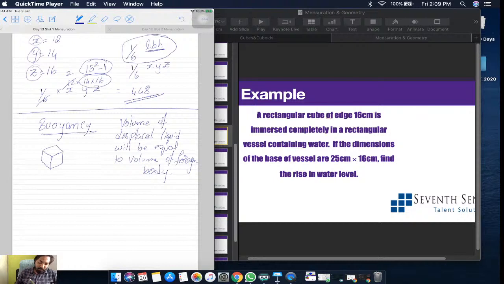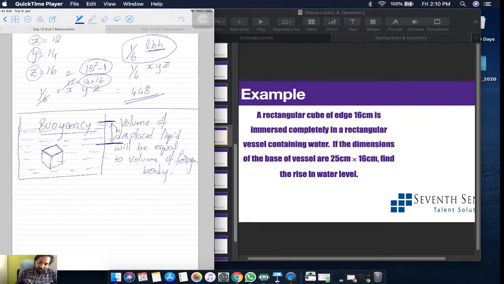This cube is dropped into a container which already contains liquid. Let's say earlier it had liquid up to this mark. Now the liquid level would have increased by h. Why would it increase? Because this volume is extra.